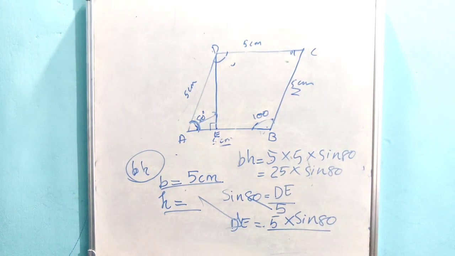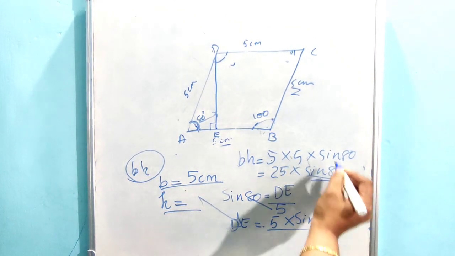From the table you can get the value of sine 80. Sine 80 is equal to 0.9848.